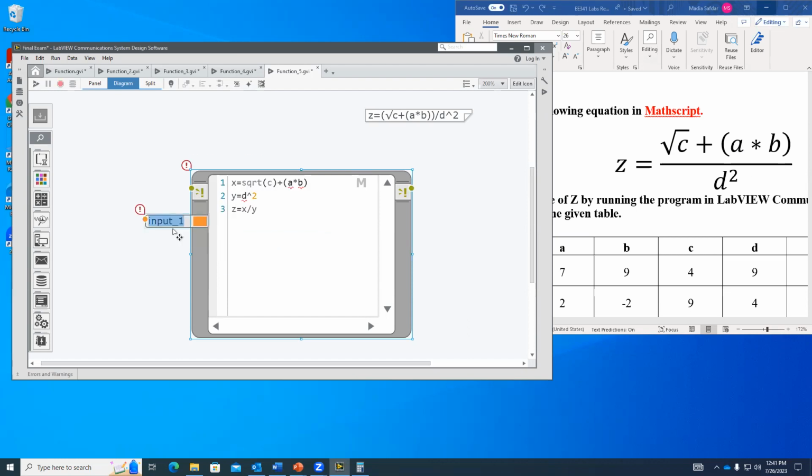Okay. Now my inputs are C, A, B, and D. Create input. It is C, and you will choose variable because there is a table you have different.